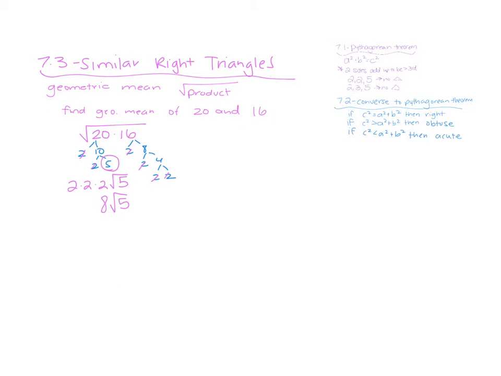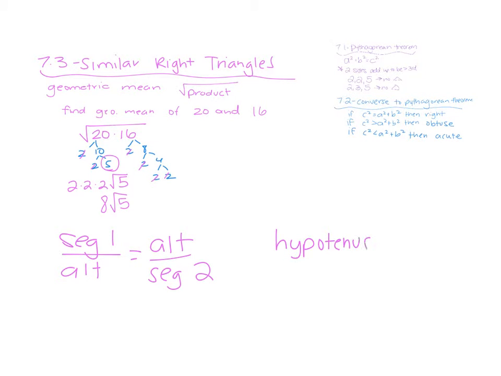Then we had our two proportions, which were segment 1 over altitude equals altitude over segment 2, and hypotenuse over leg equals leg over the segment of the hypotenuse adjacent to that leg.